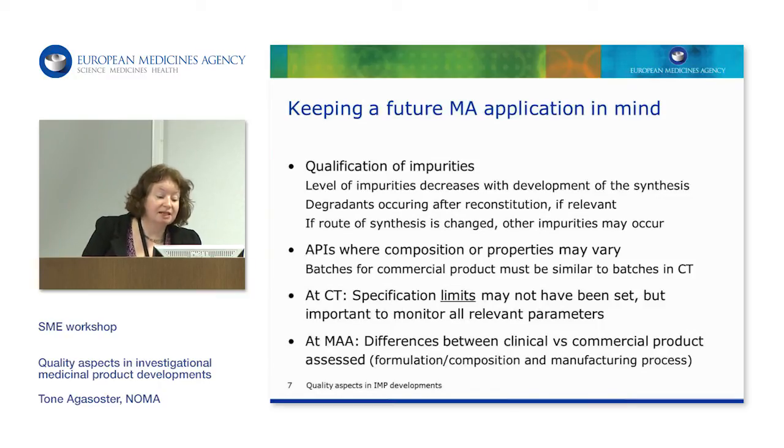At the clinical trial stage, specification limits may not have been set, but it's still important to monitor all relevant parameters. Maybe for some kinds of specifications, they are not important in the clinical trial itself, but it's still important to monitor them and keep them for the future MA application.